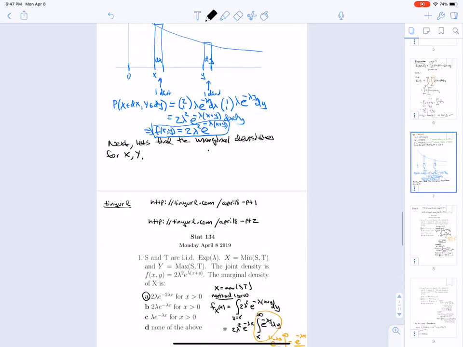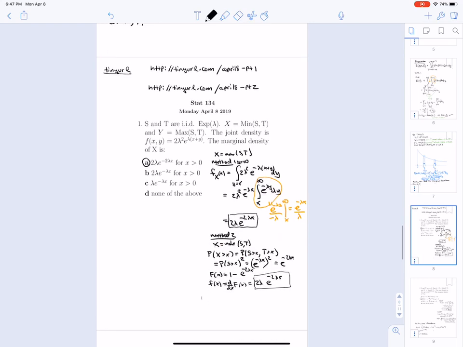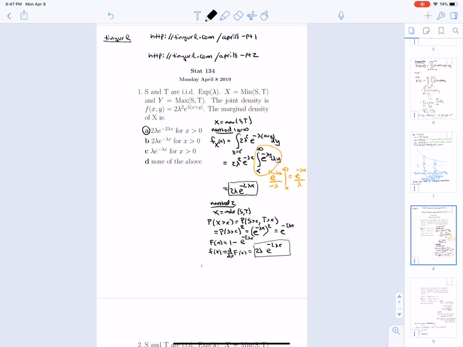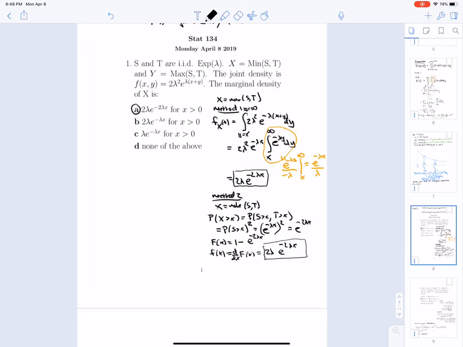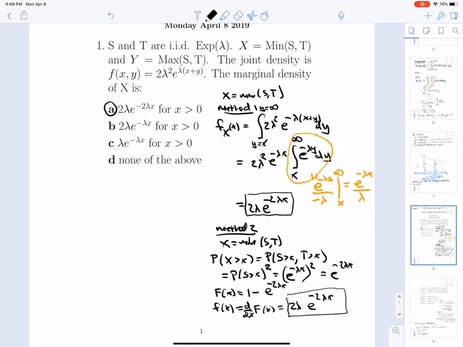Then I asked you to find the marginal densities as a concept test question. I can think of two ways to do this, but I'll be curious to see what you say. One method is just using the definition of the marginal.